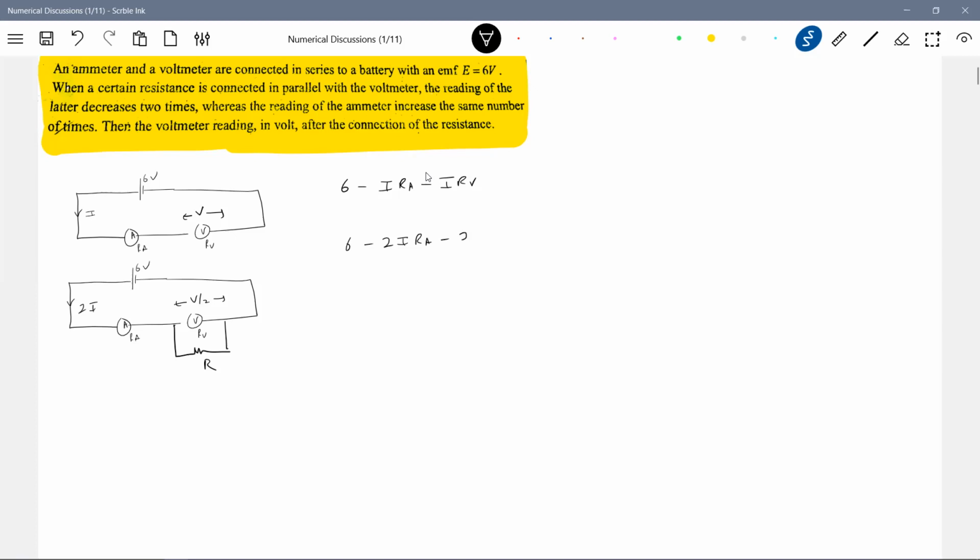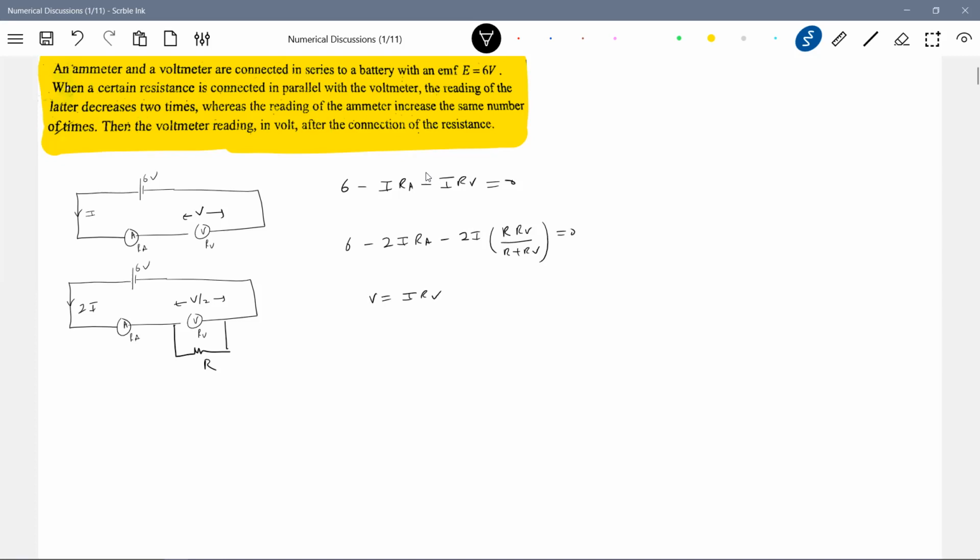This will become 2I into R RV by R plus RV. This value, 2I R RV by R plus RV, is what? V by 2. I RV is this one.